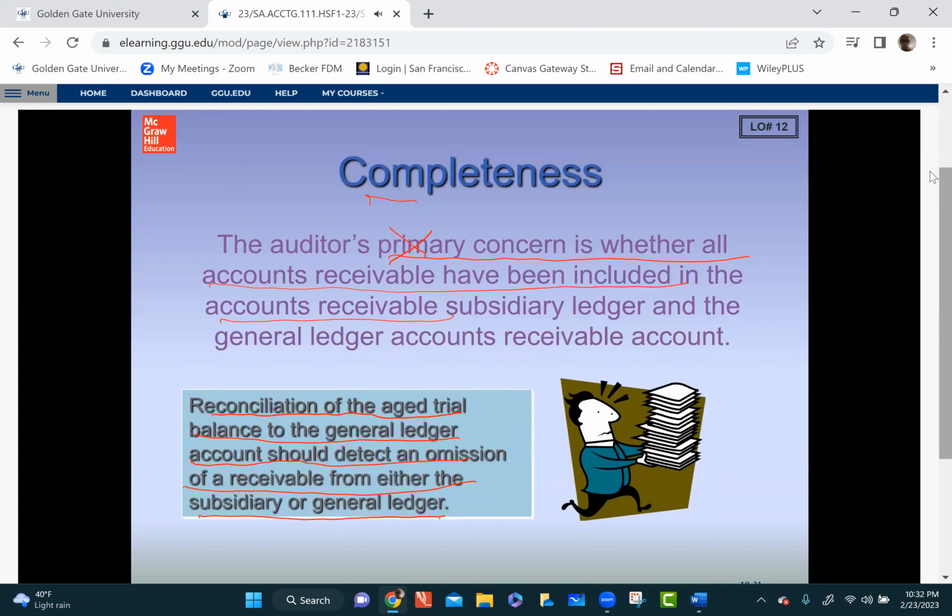Okay, that would probably be a good completeness test as well, because if they collected money on it, then it should have been listed as a receivable.